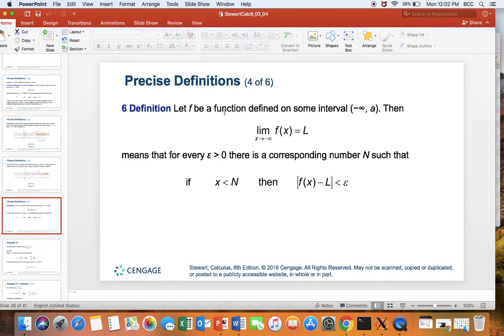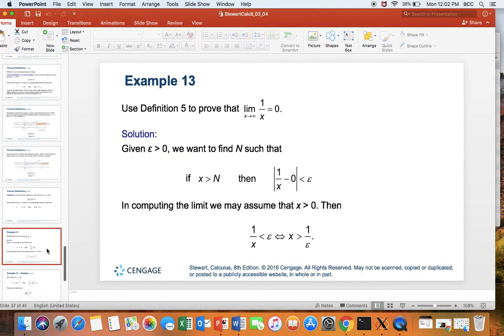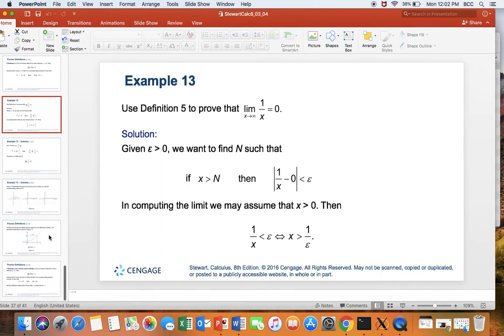How are these precise definitions to be implemented? Here's an example from the textbook. You want to prove that limit x approaching infinity of 1 over x is 0. So we saw by experiment, that is, we plugged in various values of x and saw that this limit was 0. But here is a precise definition.